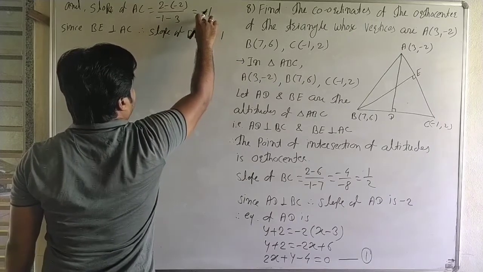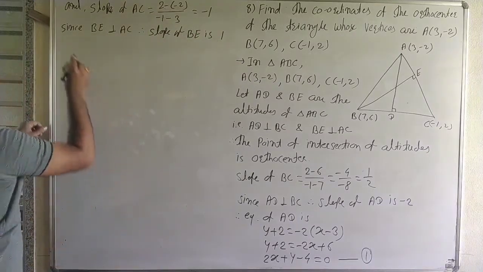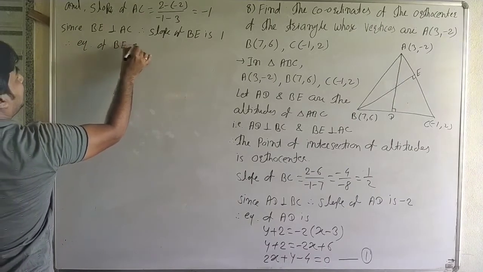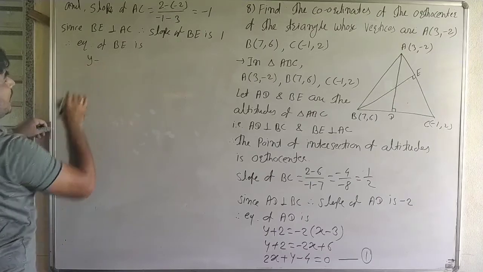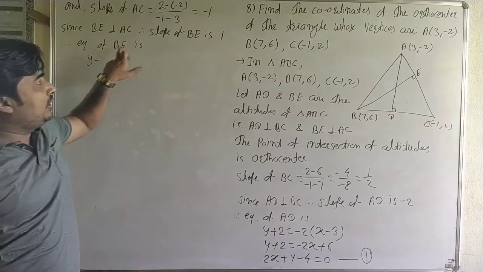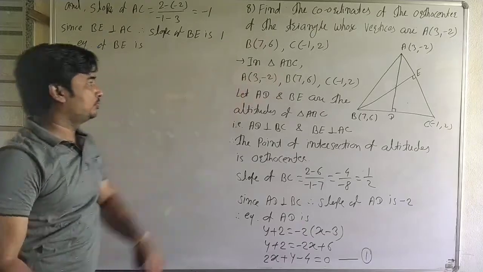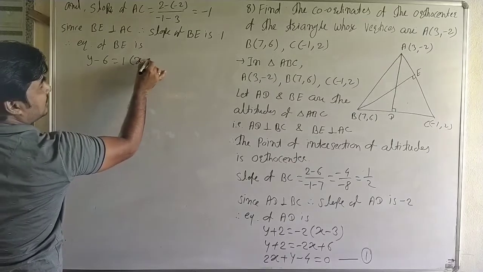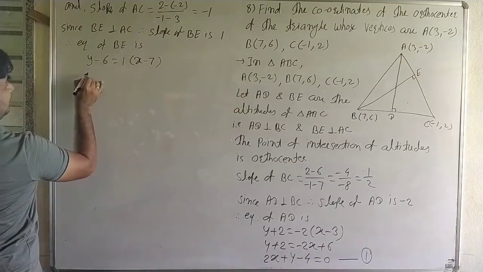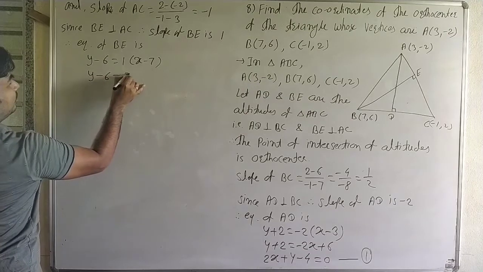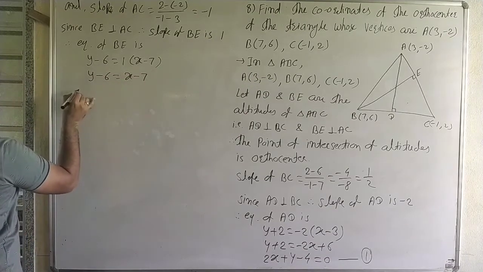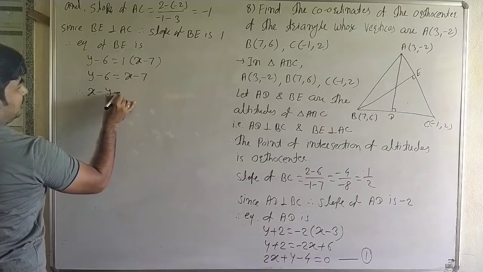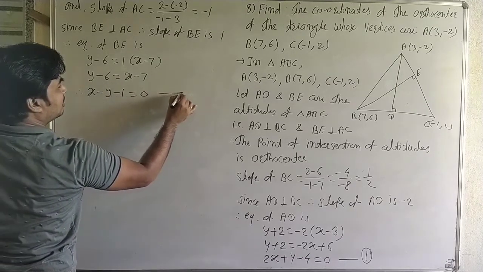Therefore the equation of BE, with slope 1 and passing through B (7, 6): y minus 6 is equal to x minus 7. Taking this side, x minus y minus 1 is equal to 0. It is equation number 2.